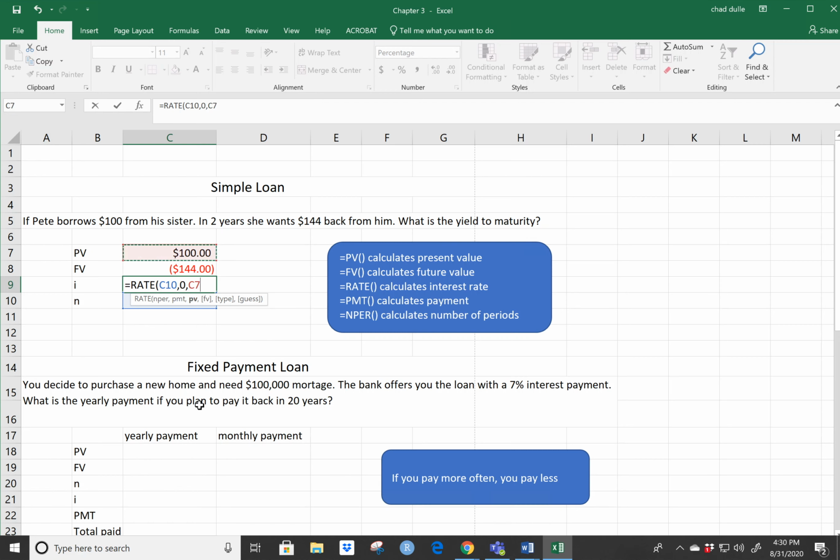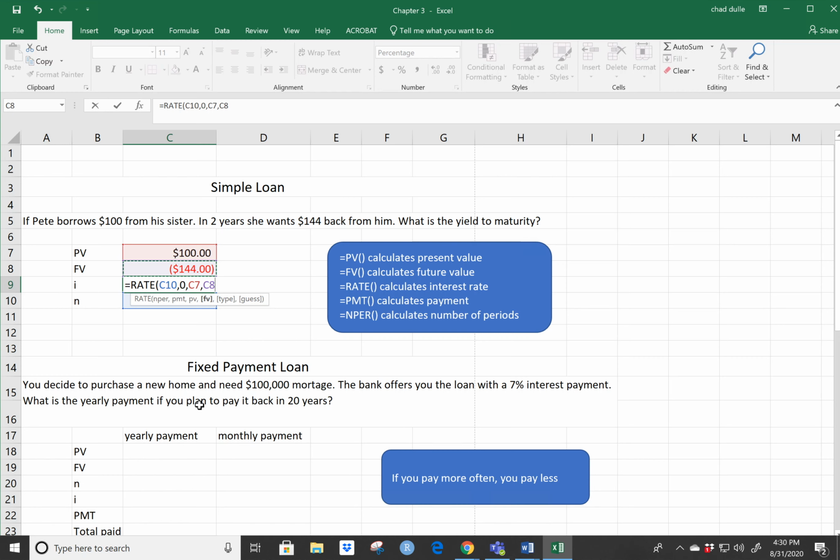Present value is 100. And I'm just putting this in a cell so you all can see it, but within the rate function, you could just type the number. So you can do it either way. And what's nice about Excel too, you can build templates like this and save them, and you can use them for quizzes or tests or anything like that. Or if you have a job, you can do that too.